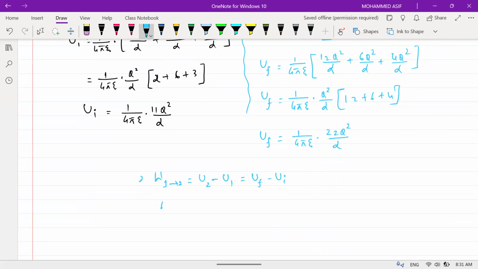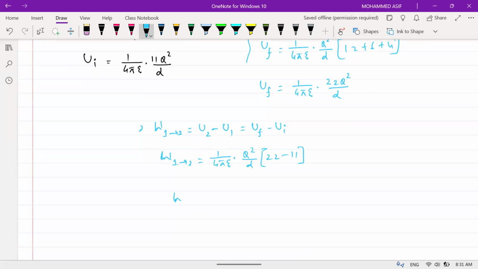So work done to move from the first triangle to the second triangle is 1 by 4 pi epsilon naught into Q square divided by D common, into 22 minus 11. So work done will be equal to 1 by 4 pi epsilon naught into 11 Q square divided by D. This will be the answer. Am I clear?